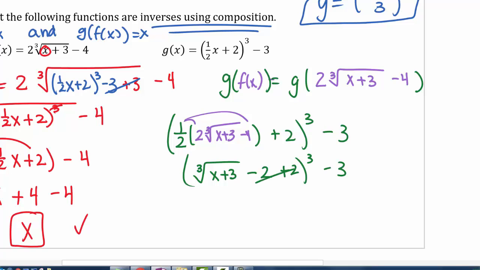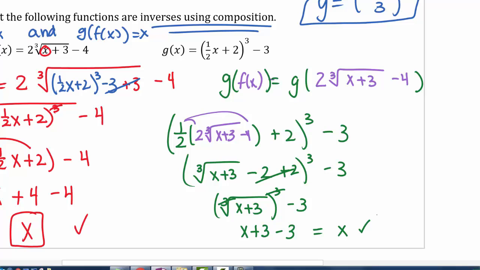Now negative 2 plus 2 is 0. So I have the cube root of x plus 3 to the third minus 3. The cube root and the third power cancel each other out. So I have x plus 3 minus 3, which is equal to x.